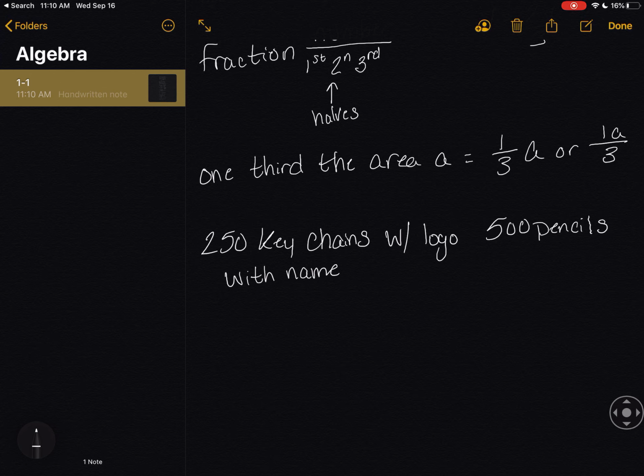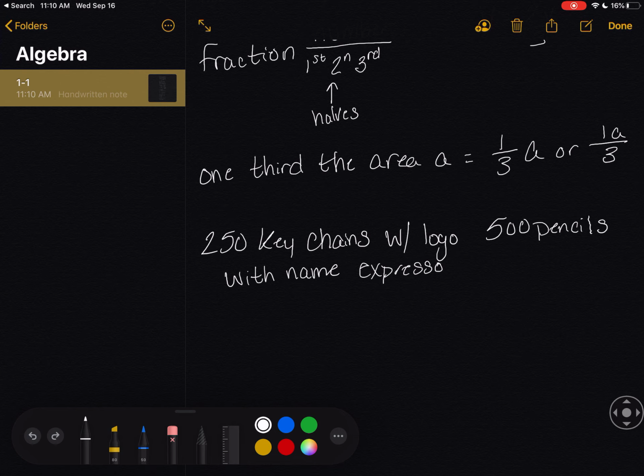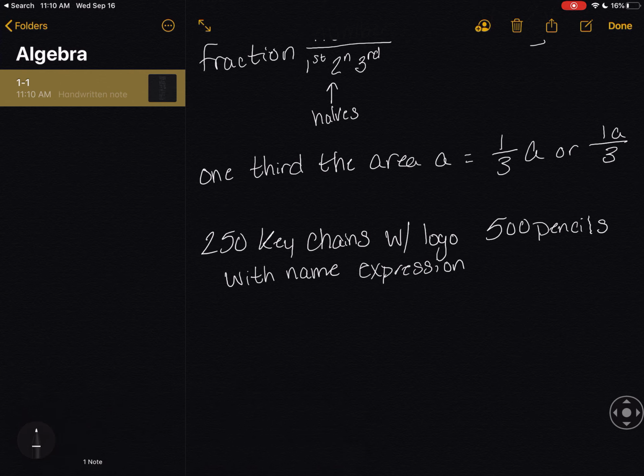What would be an expression about the order cost? So I am ordering 250 keychains and I have 500 pencils.